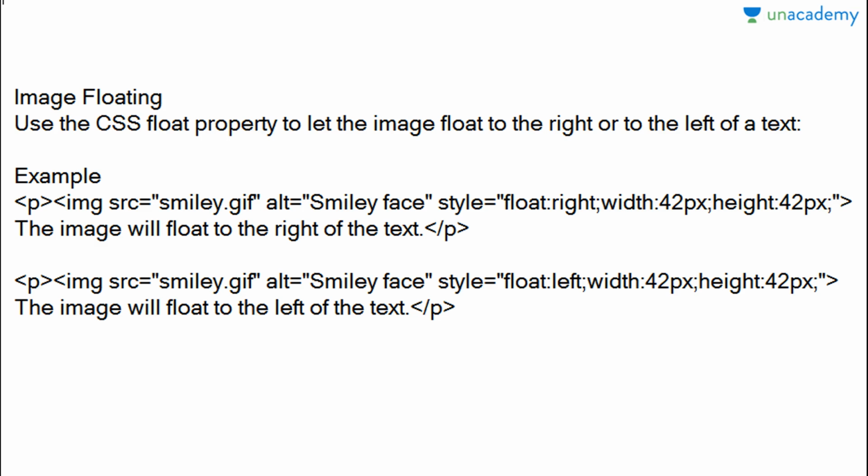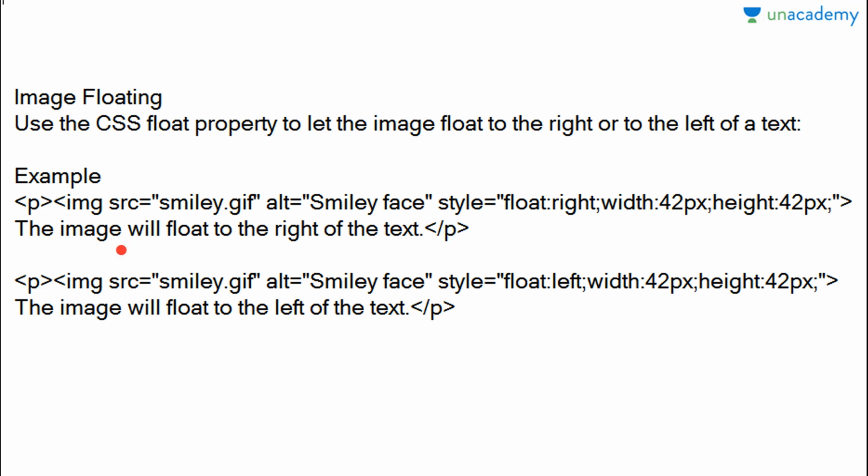P tag, image source is equals to smiley.gif, alt smiley face, style. For making an image floating, we need to use float right, means it will float to the right of the text, width 42px, height 42px.